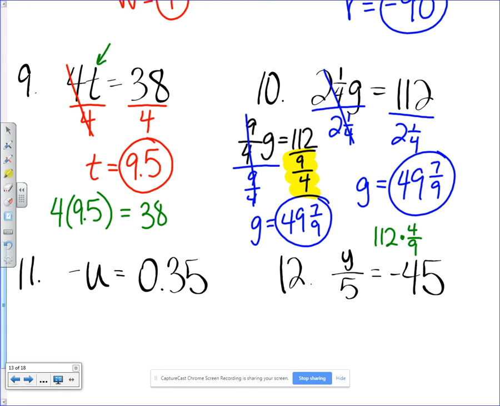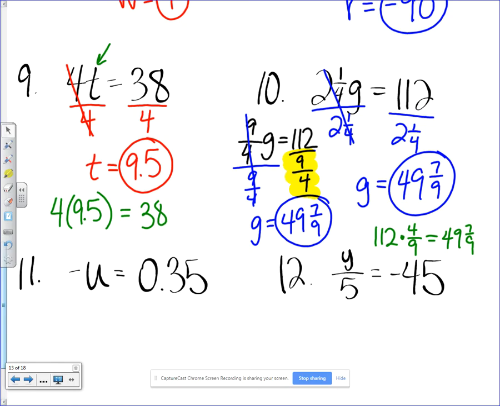If you do that, that is the same thing that you get if you divide by 9/4, and that does give you the same 49 7/9. Okay, so I just want to recall that information that when you divide by a fraction, it is the same as multiplying by the reciprocal.